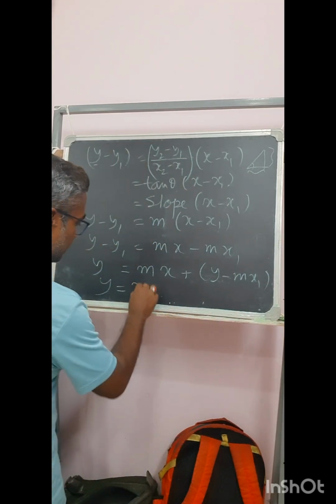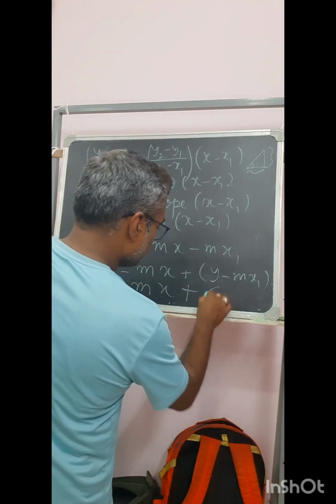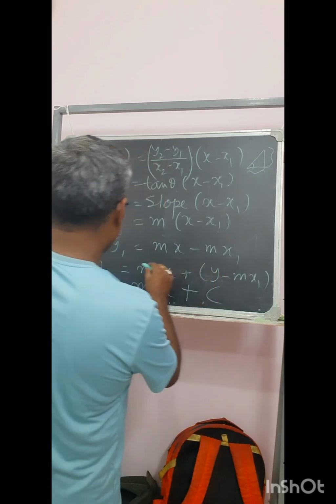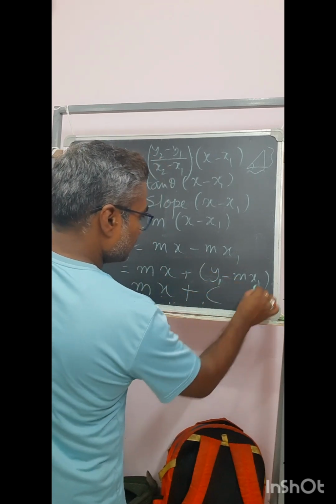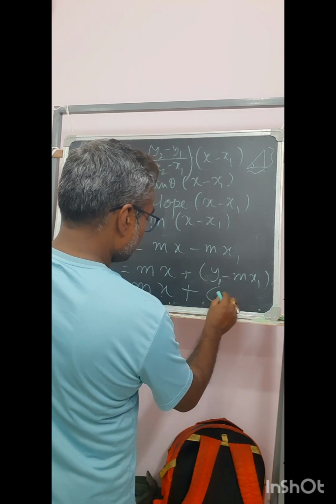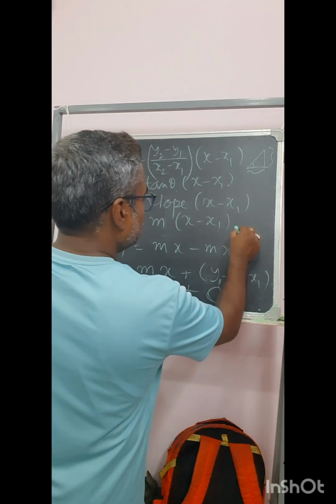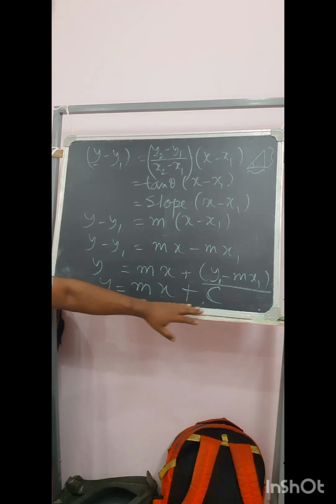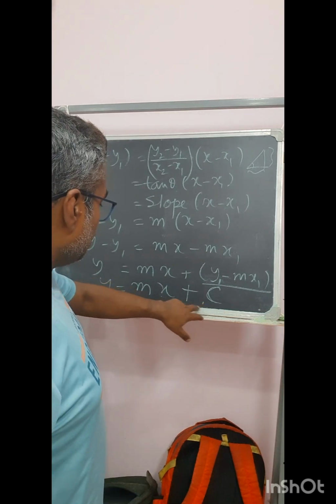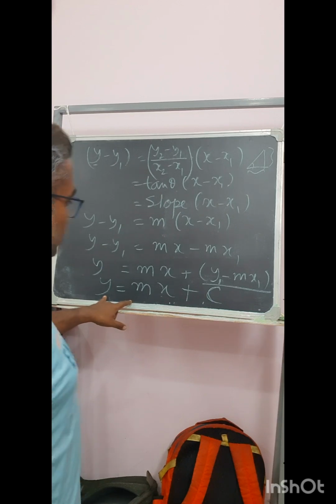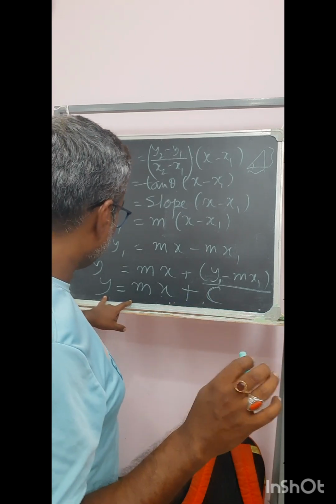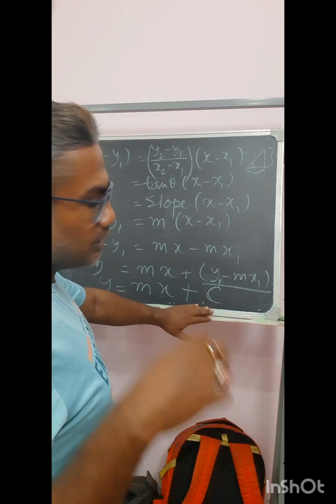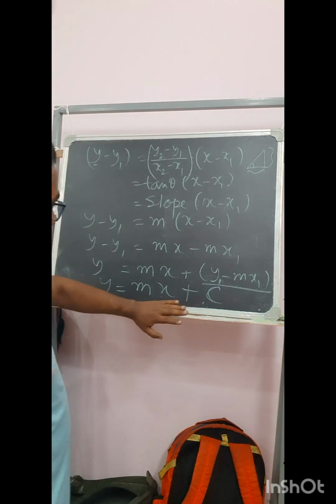Then I can write it as mx plus a constant c, because this part you can see, this is y1, this is constant. Okay, I am writing it as c is equal to this one. So this is in the form mx plus c. Okay, so this I can represent for any kind of linear equation which is in a different form. I can bring it in this form also.